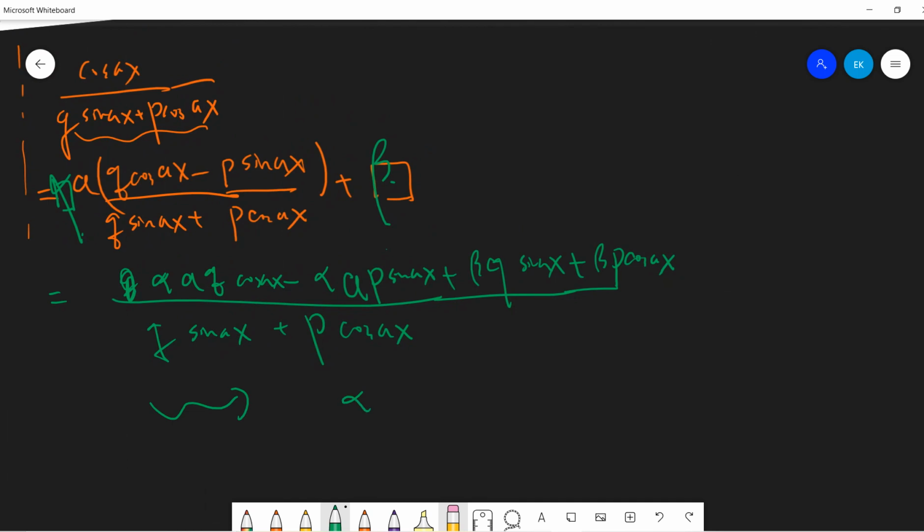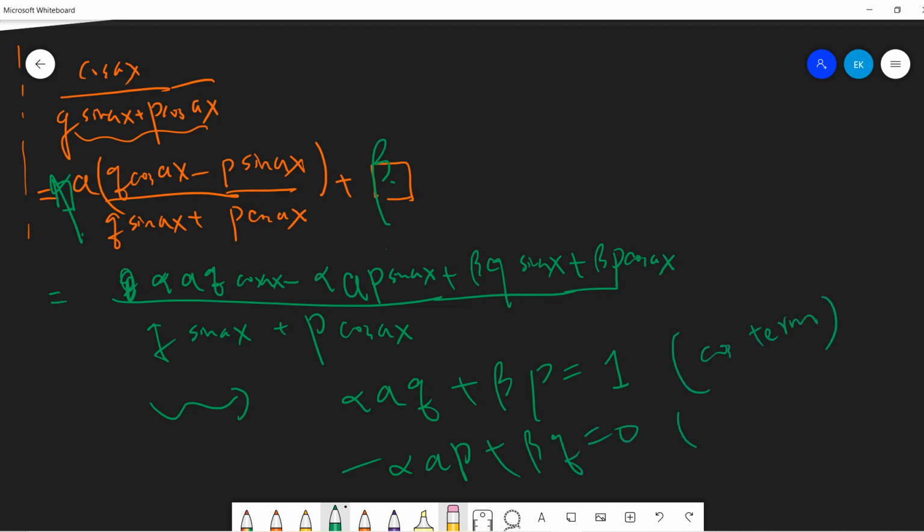So this tells me that alpha a q plus beta p should be 1, and then minus alpha a p plus beta q should be 0, right? So basically this is the cosine term and this is the sine term.